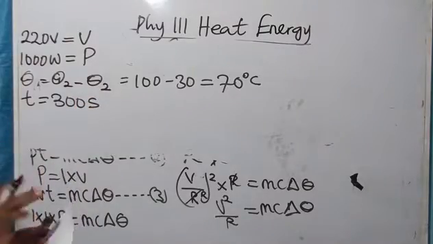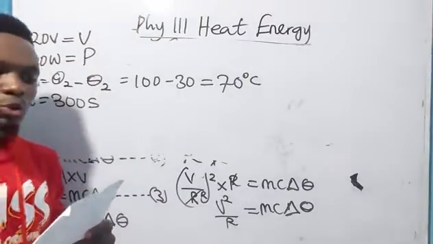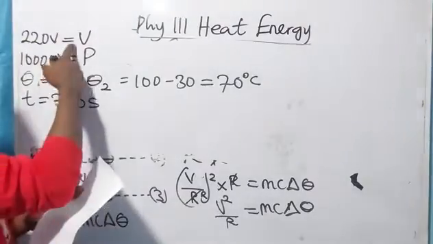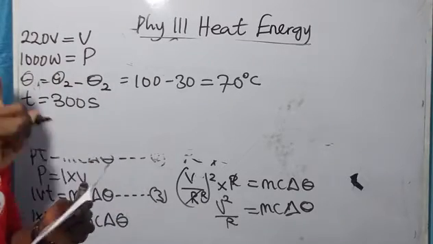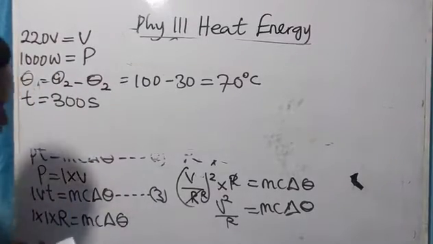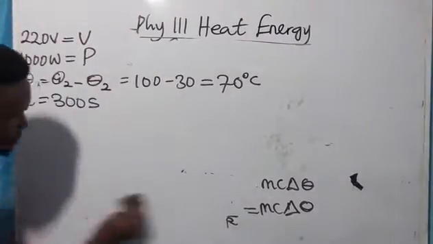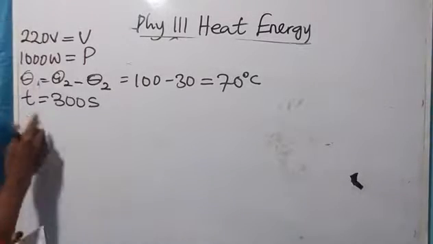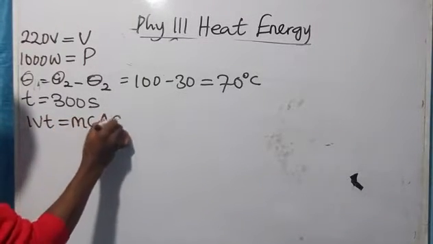Now listen, from the question you can deduce the formula that you are to use. They give us voltage, they give us watts, and they say the current flows. So on that note, it means we are using IVT. IVT equals MC change in temperature.